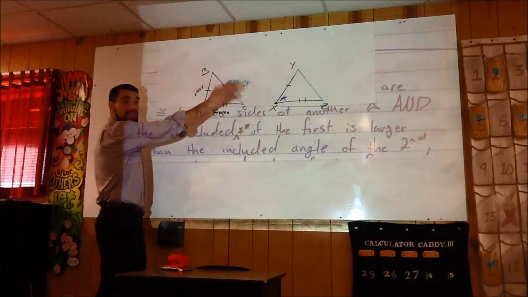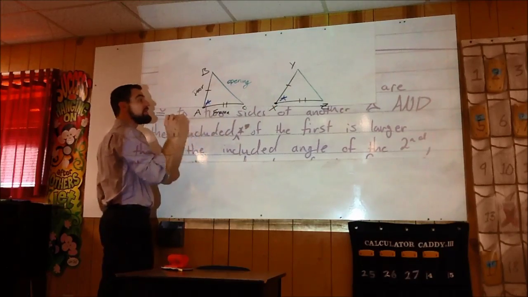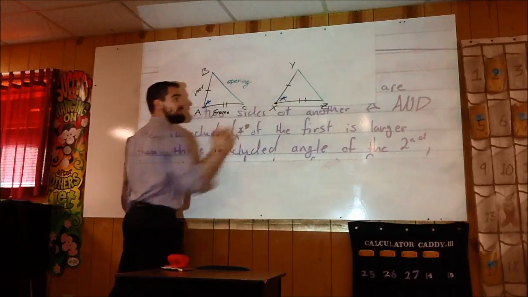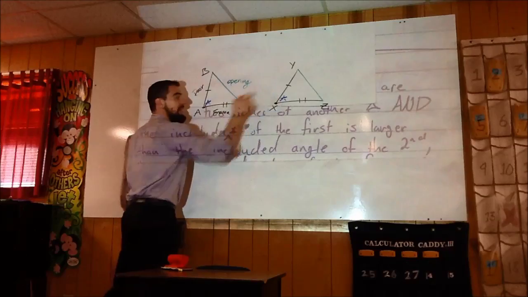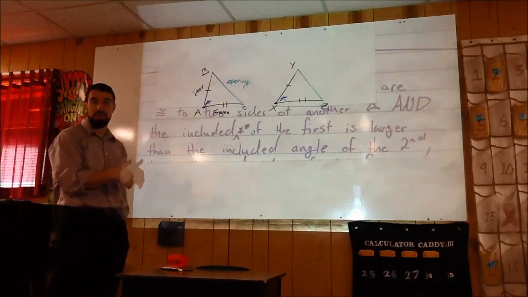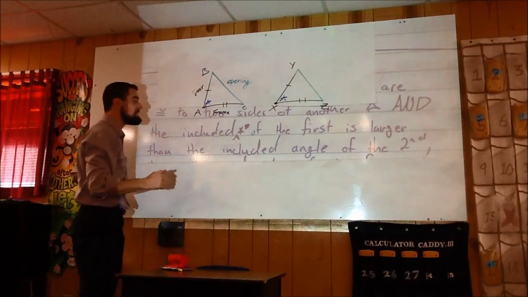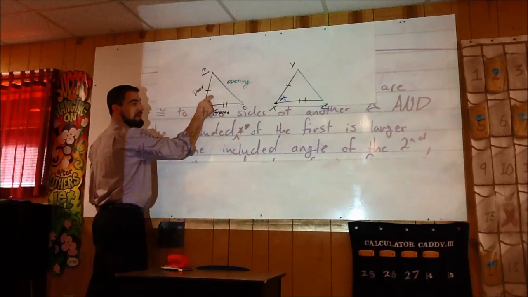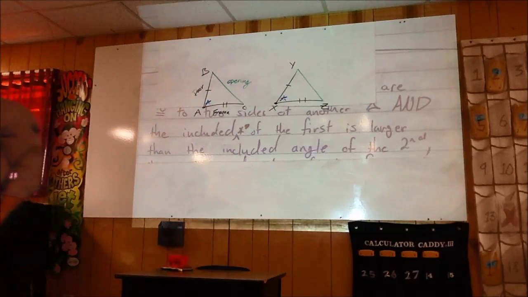So right now we've got this situation. We have two triangles with two congruent sides. This is one congruent side. This is the second congruent side. And the included angle. Included means the angle that's being created by these congruent segments. So this is the included angle of those two sides. The included angle of the first triangle is larger than the included angle of the second.